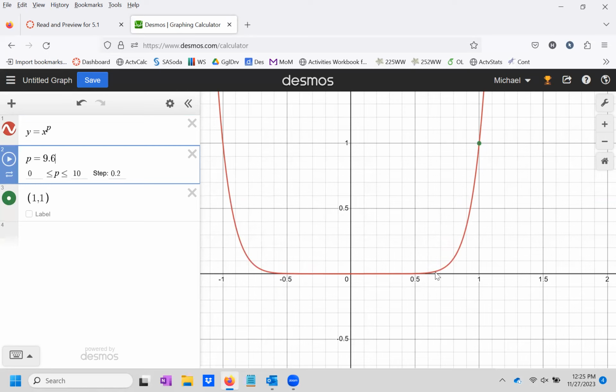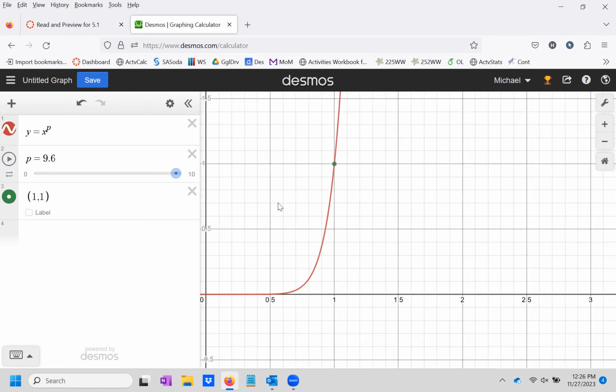So what would you say happens as we increase the power? Which slope? From 0 to 1.